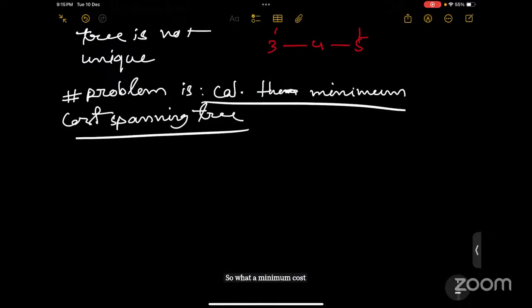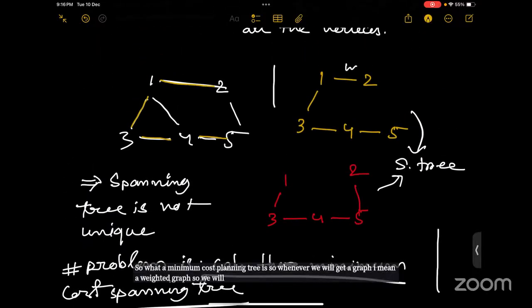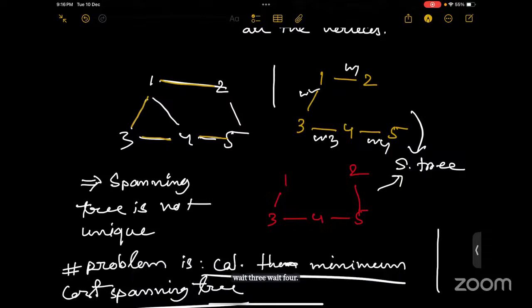Whenever we get a weighted graph, we will have some weight 1, weight 2, weight 3, weight 4 in the spanning tree, right? If we add all the weights, then the added weight will be the weight of the tree.